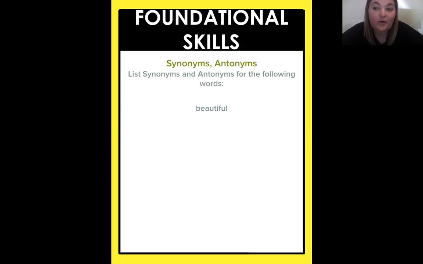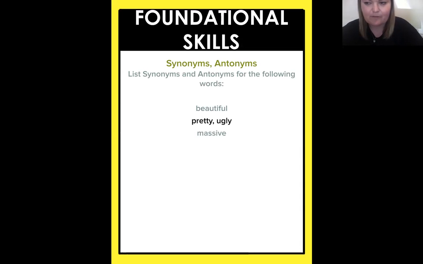So think of the word beautiful. If you're saying that something is beautiful, what's another word you could use to describe it? Now, what's the opposite of beautiful? I feel like that's an easy one. Hopefully, you said pretty is something with the same meaning, and ugly is something that is the opposite of beautiful. What about massive?